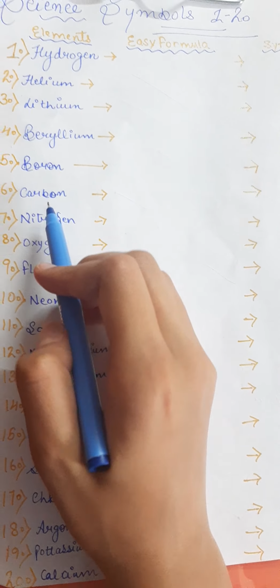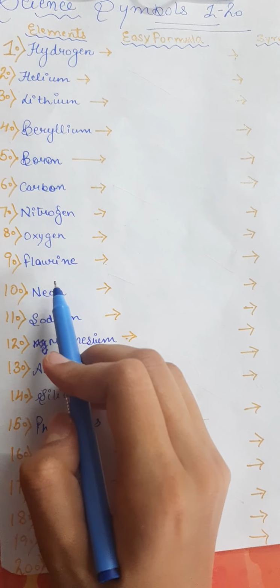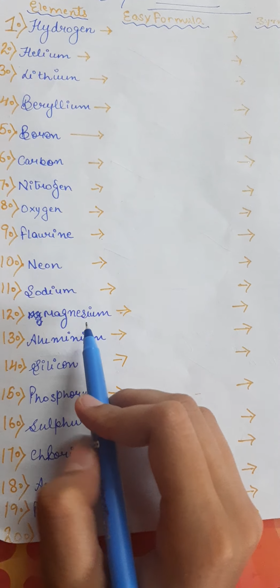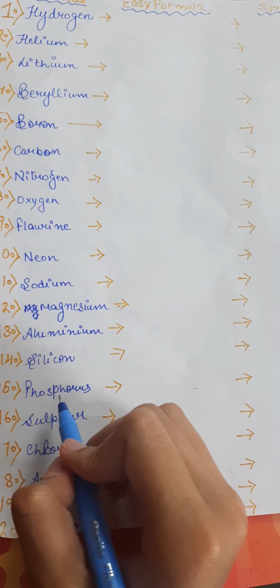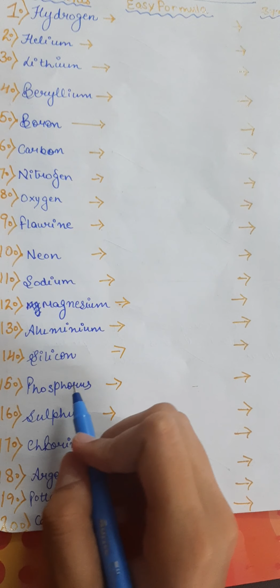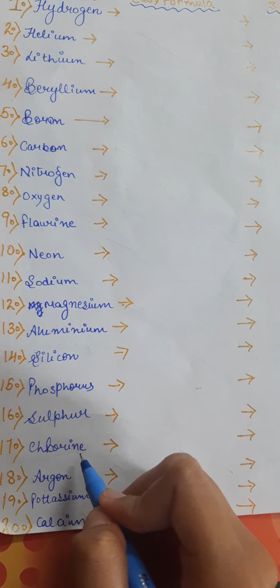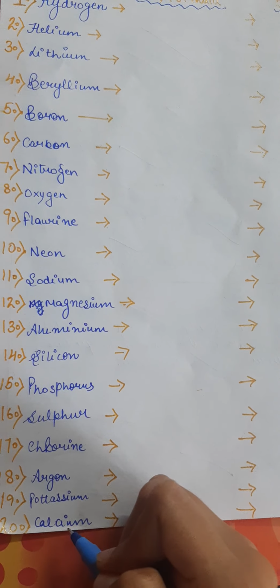Then carbon, nitrogen, oxygen, fluorine, neon, sodium, magnesium, aluminium, silicon, phosphorus, sulfur, chlorine, argon, potassium and calcium.